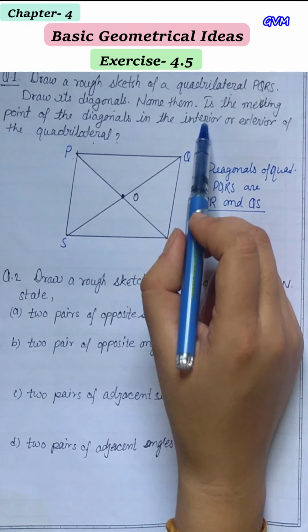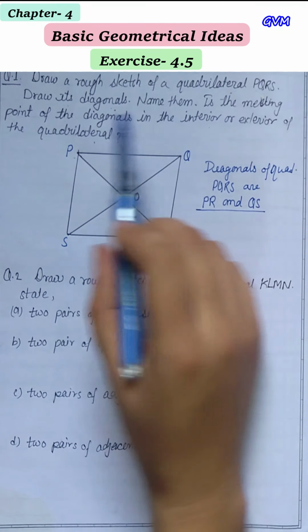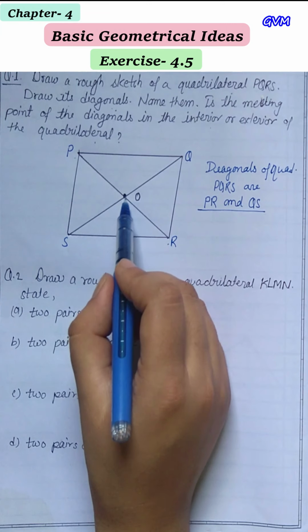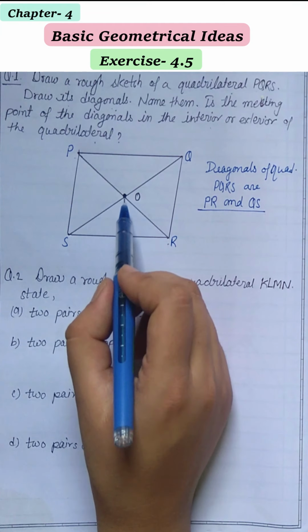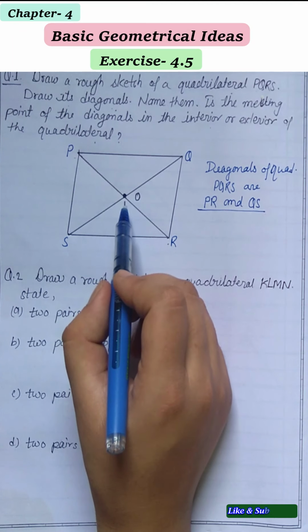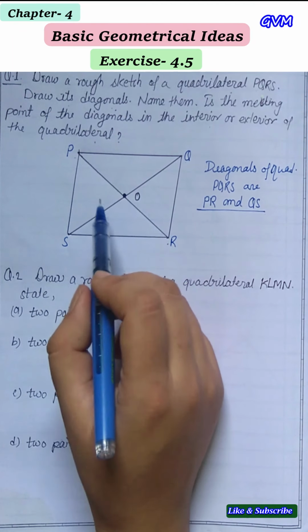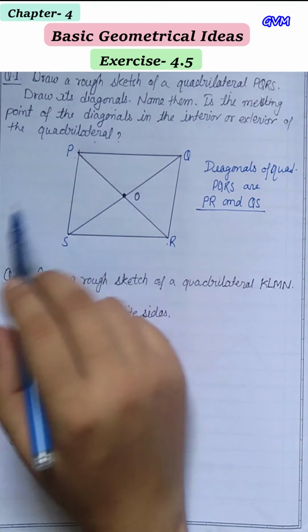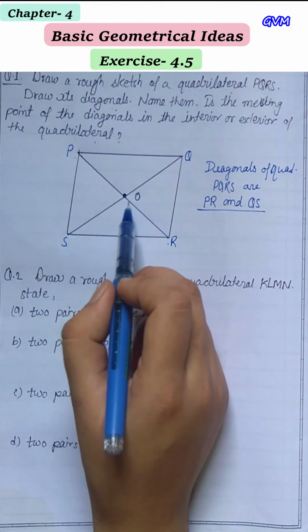Now we have to answer whether the meeting point of the diagonals is in the interior or exterior. So this point O is the meeting point, right? Where is it? Interior means the inner part of the diagram and exterior means the outer part. So this is the inner part.